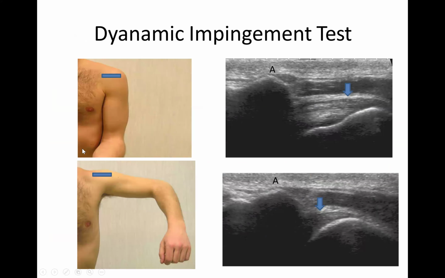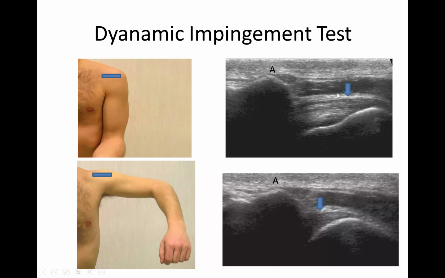This is how we do the dynamic impingement. In the resting position we look for the acromion. We look for the attachment of the supraspinatus, and then we abduct the arm with the elbow flexed and look for the movement of the supraspinatus tendon beneath the acromion, and look for the presence of any fluid within the bursa.